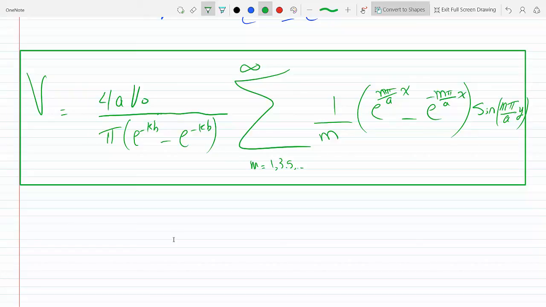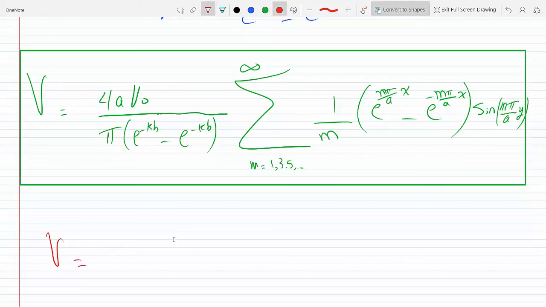So if you want, this becomes right, yeah, this becomes sine hyperbolic. This here is also sine hyperbolic times 2. So if you want to rewrite this differently, you could say this is 4 over 2.